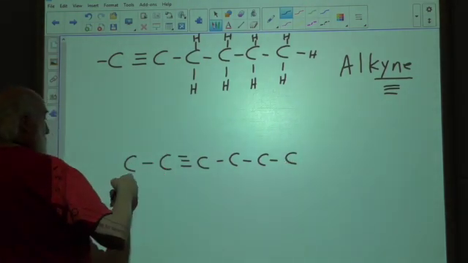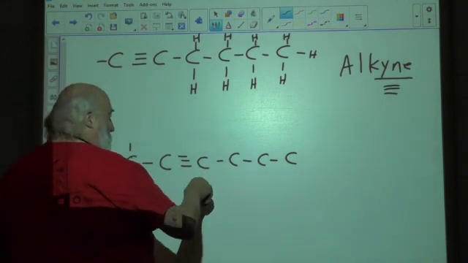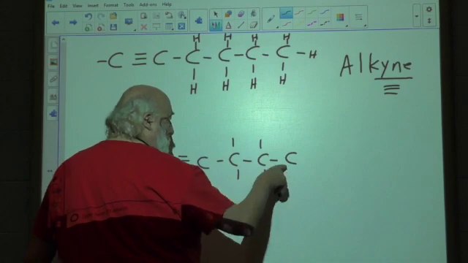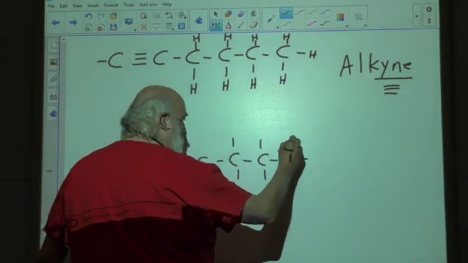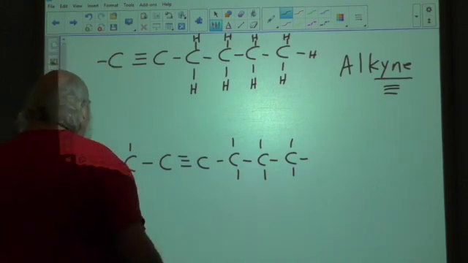And this carbon has 1 line, so we have 3 lines here, 4 lines here, 4 lines here, 2 lines here, 2 lines here, and 3 lines here. Now they all have 4 lines. Put hydrogens on there.